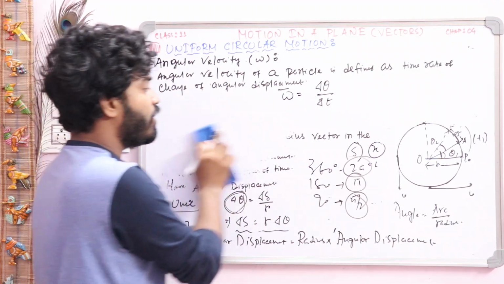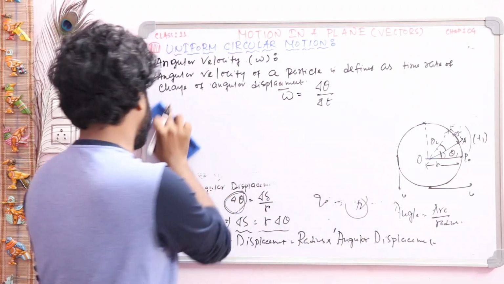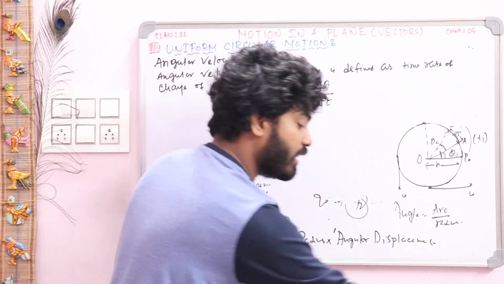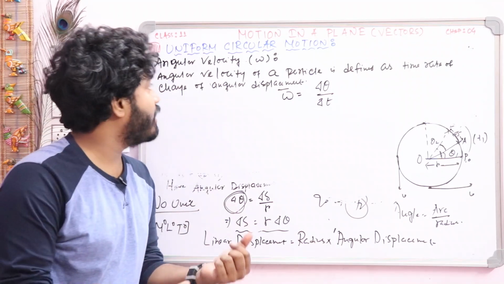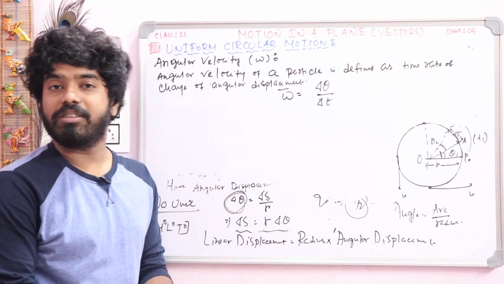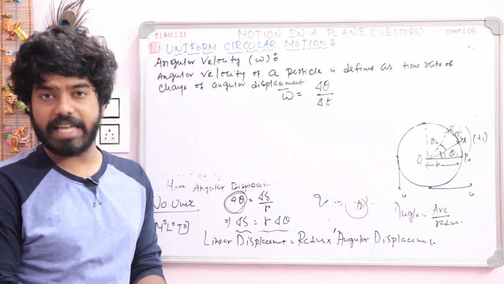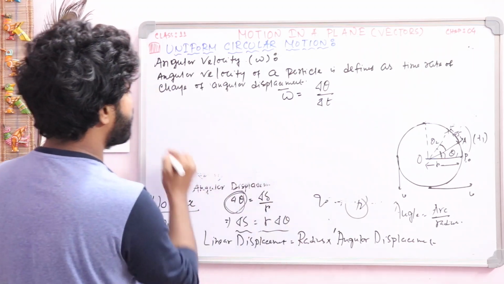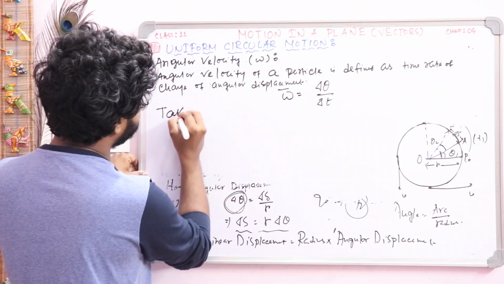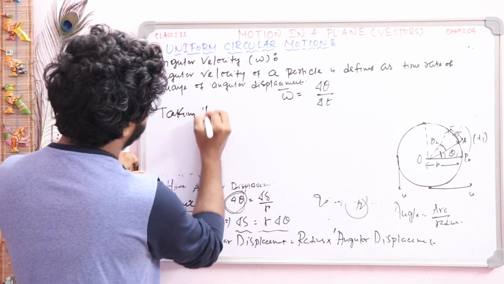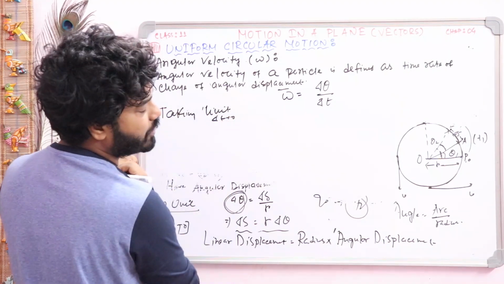Now the question is, what is the meaning of instantaneous angular velocity? All of you know about instantaneous linear velocity. Instantaneous means the velocity at a particular instant. So for instantaneous we have to take the limit del t tends to 0.